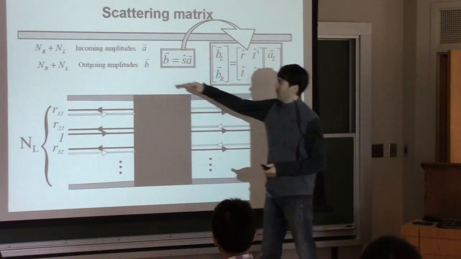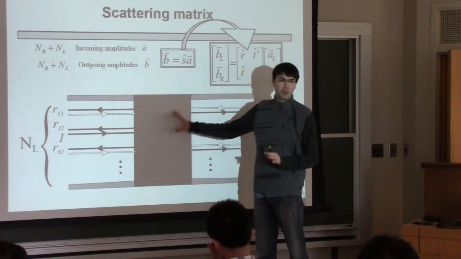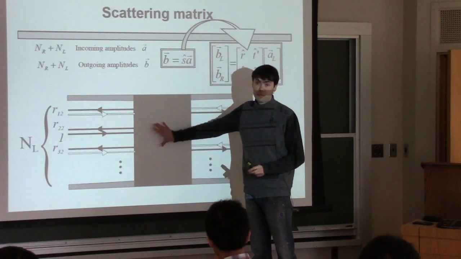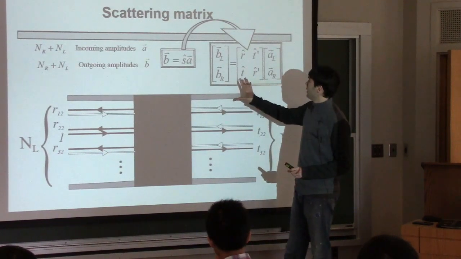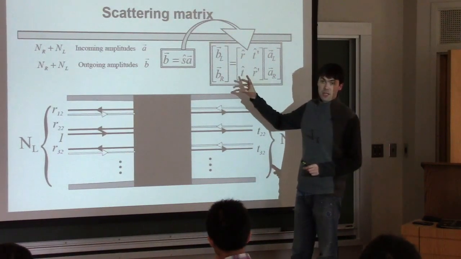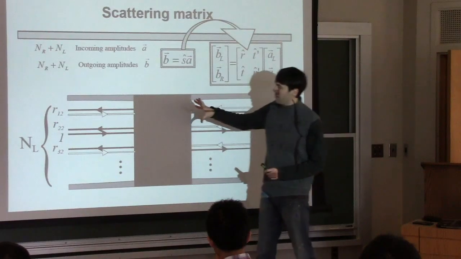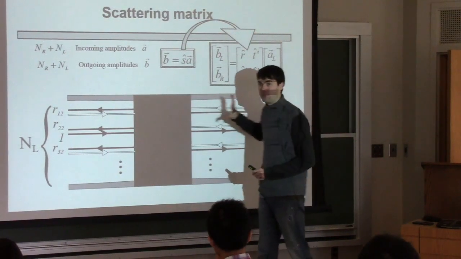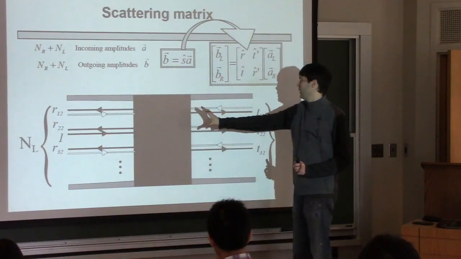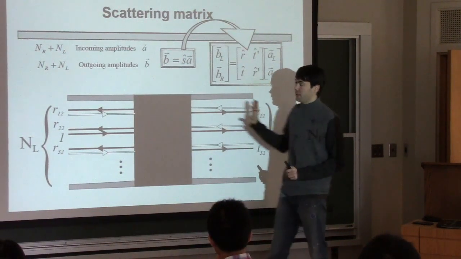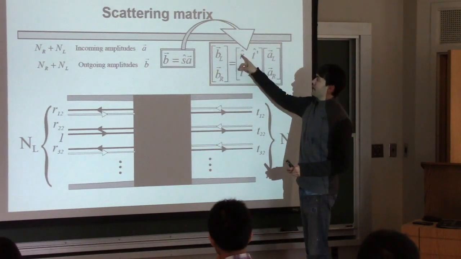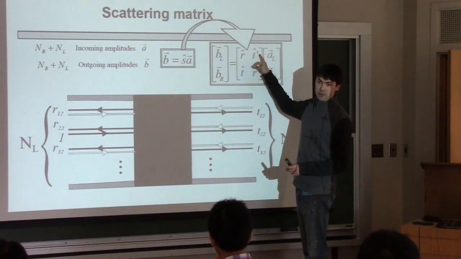You have your physics going on here, and you can assign different properties here, and all of these properties are contained in a matrix which connects amplitudes of waves coming in to this black box and amplitudes of waves coming out, and they can come out on the other side or they can come out on the same side. So then you can talk about reflection and transmission.